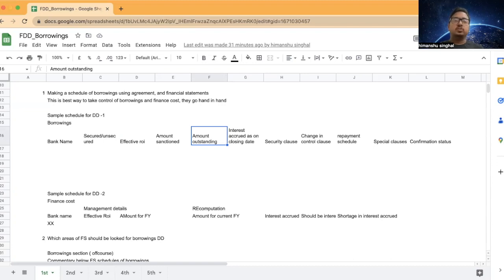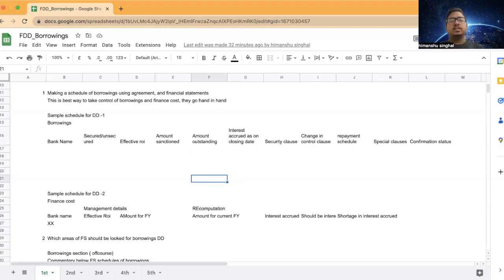So you need to take this balance. You should think very carefully about this: this amount outstanding should match your financial statements. Only then will you have control that whatever borrowings you have taken are complete, and there is nothing that you should add here.